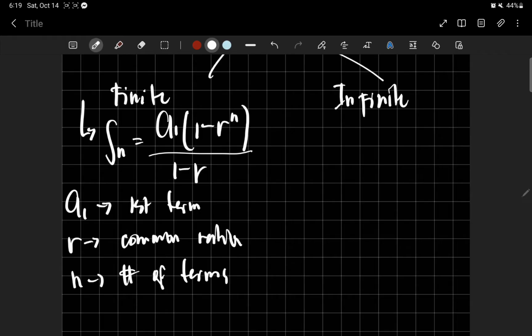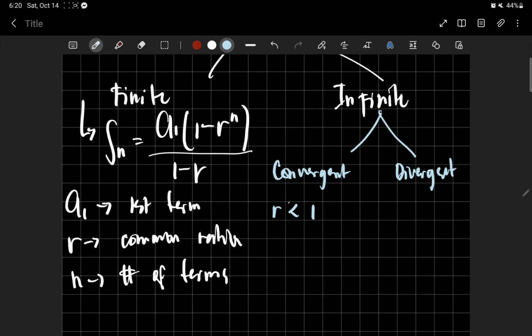Nakuha? And sa infinite geometric sequence, meron tayong dalawang condition. It can be convergent and it can be divergent. So, kapag convergent yung ating geometric sequence, ang common ratio niya is less than 1.